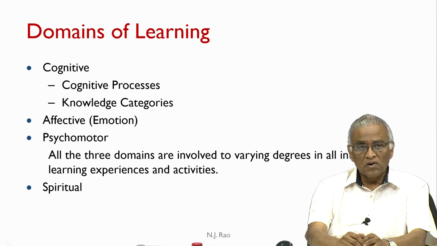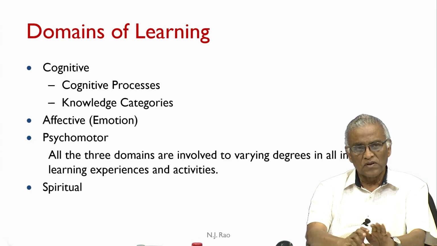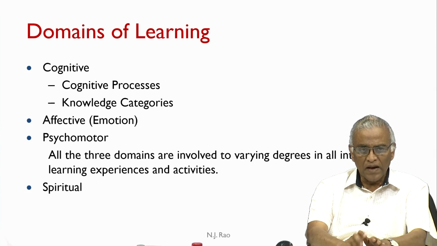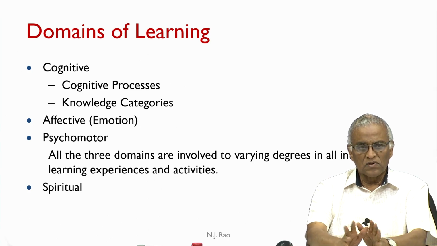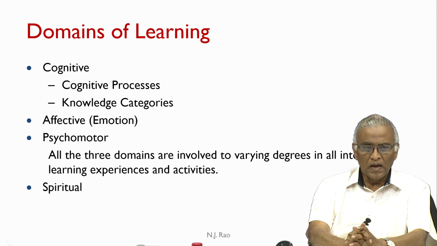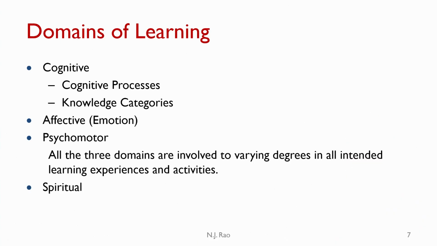Then what are you trying to remember? Some knowledge, and that is the reason why you have two dimensions when you talk about the cognitive domain. Then you have the affective domain, which is linked with emotion, and then the psychomotor domain. All the three domains are involved to varying degrees in all intended learning experiences and activities.